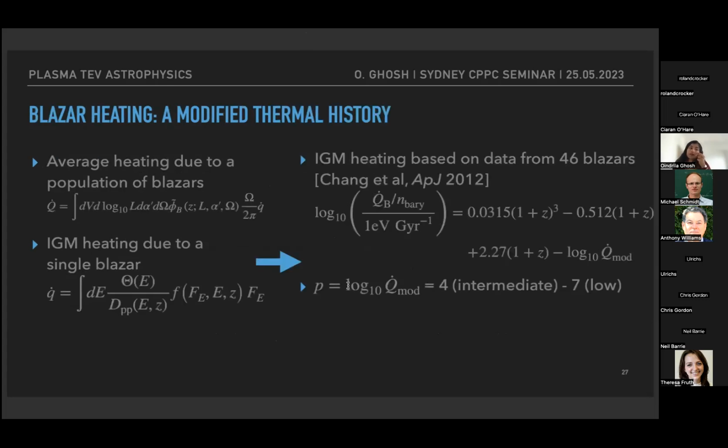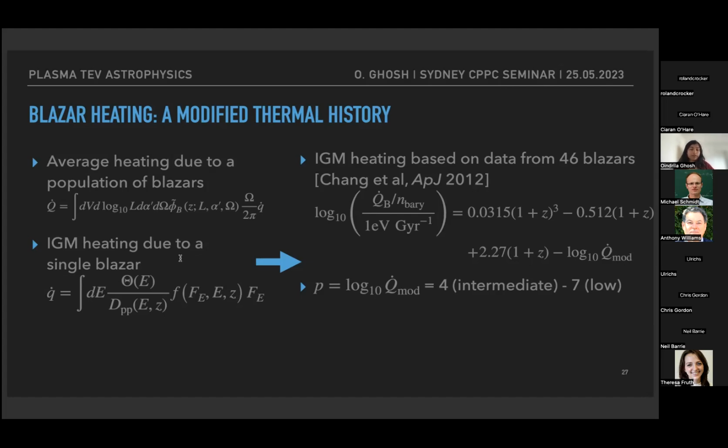So if you have a single blazar, the intergalactic medium could be heated from the instability losses, because the instabilities are draining energy from the beam into the plasma, and this energy dump, in principle, could lead to a heating of the intergalactic medium.